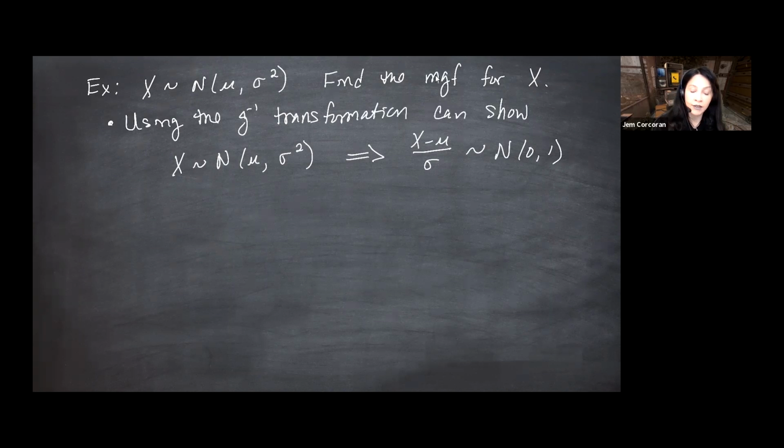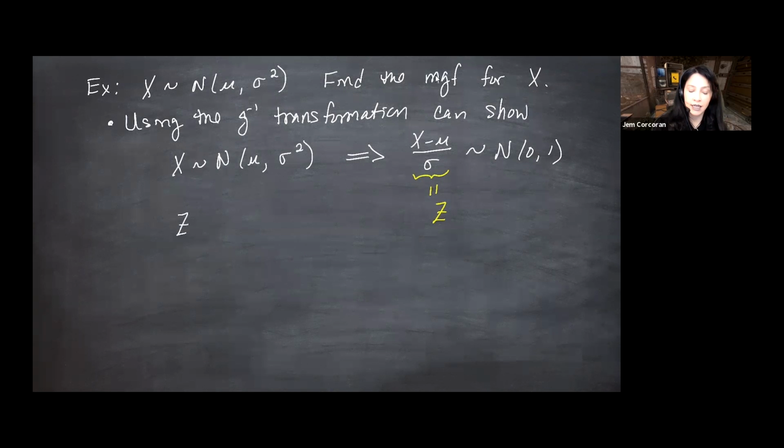And the other way around, usually normal 0, 1s get the name Z in statistics. It's not that unique of a name, but I can guarantee you that every Z you see is going to refer to this so-called standard normal. But we can go the other way.